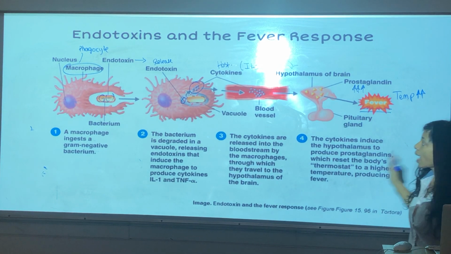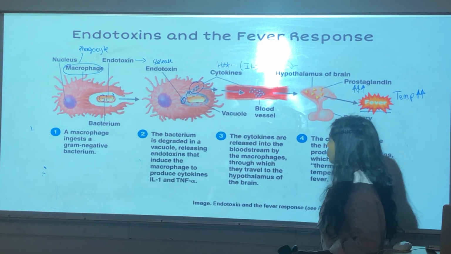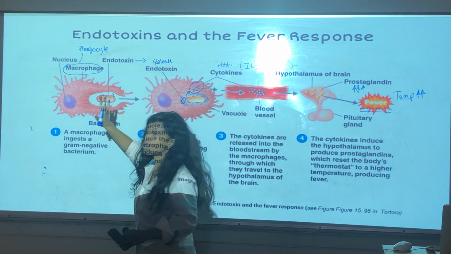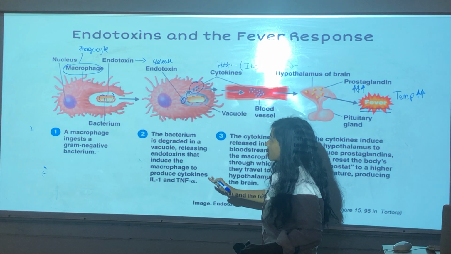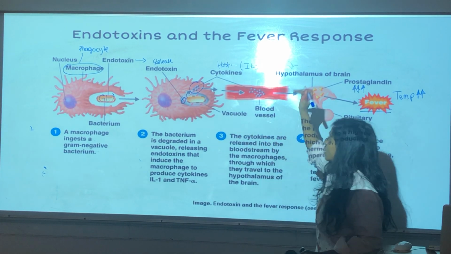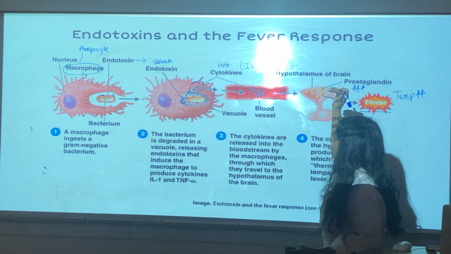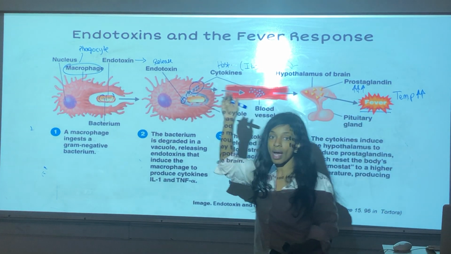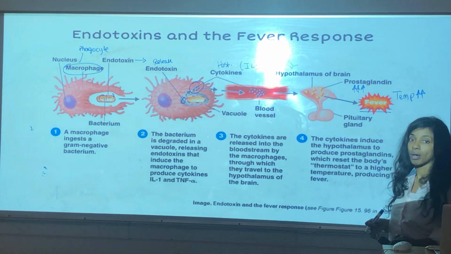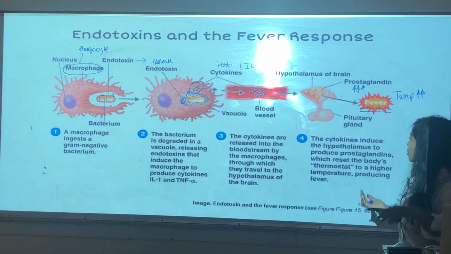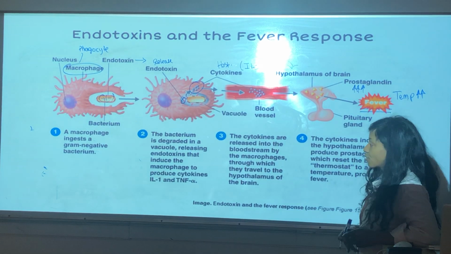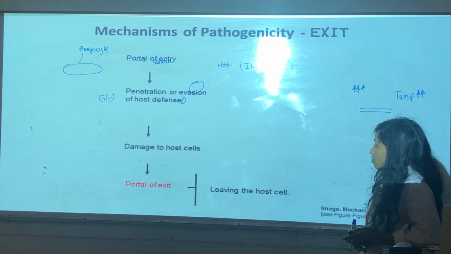So how would we stop the fever? Well, we have to get rid of this foreign invader, the one that is causing the problem. The foreign invader is the one that's making the endotoxin. The endotoxin is then causing the host to make cytokines. The cytokines are then going to the hypothalamus and affecting this high temperature. So if we get rid of that foreign invader, we get rid of this fever response.